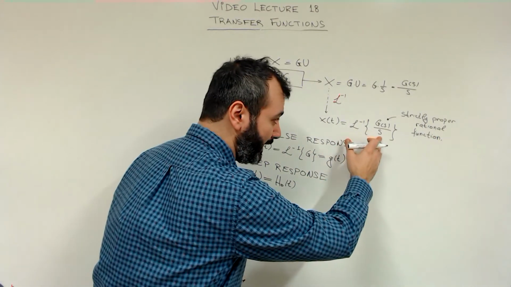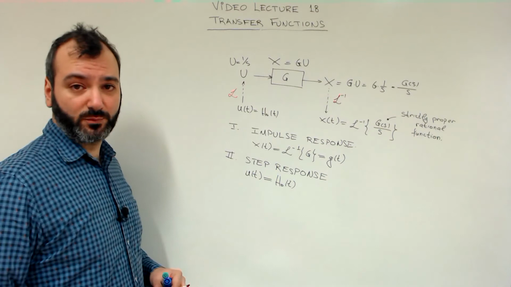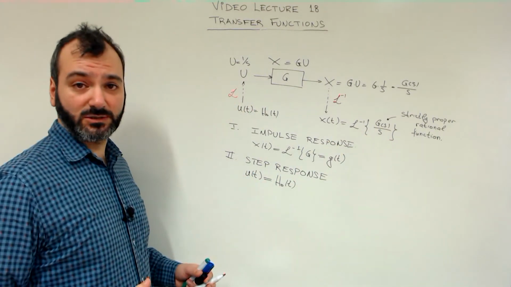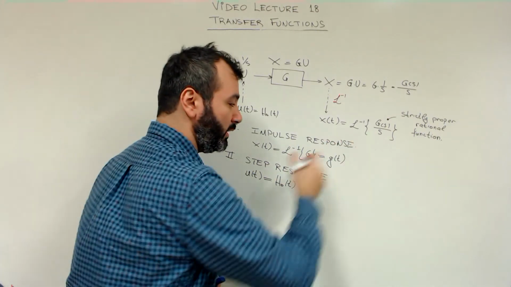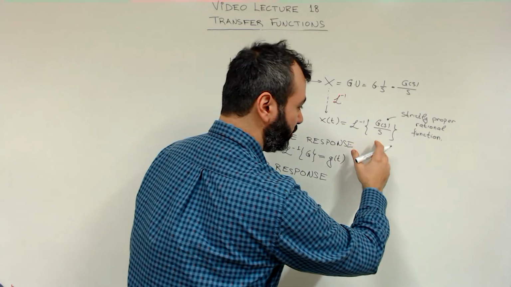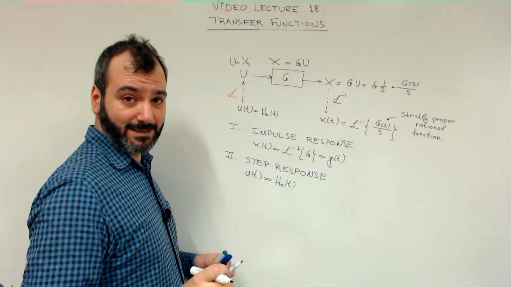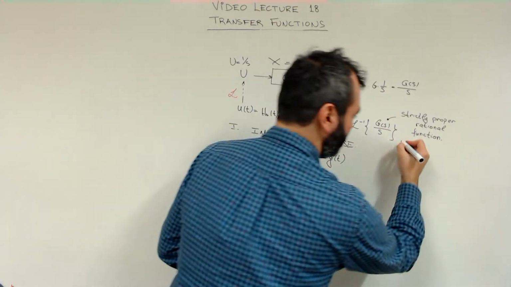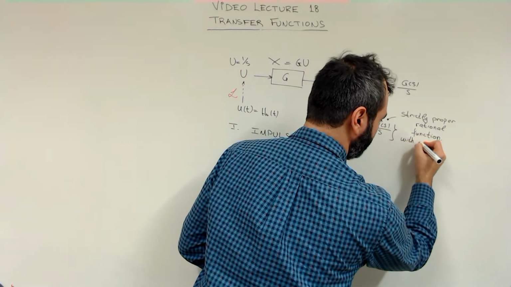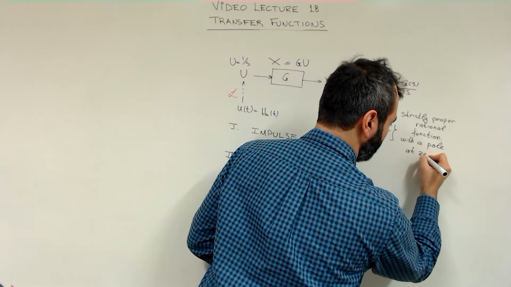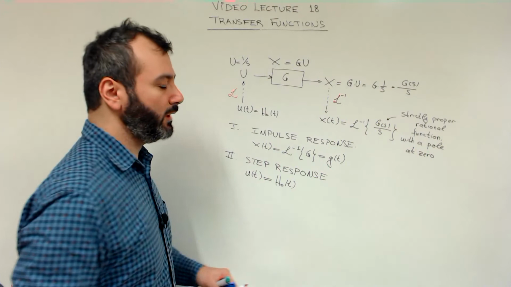If you divide it by s, it remains a strictly proper rational function, and we know how to determine the inverse Laplace transform of that. And one additional observation is that here we introduce a pole at 0. So this becomes a strictly proper rational function with a pole at 0.